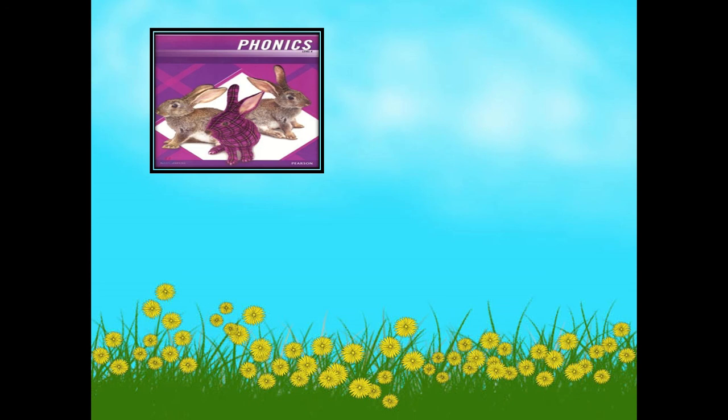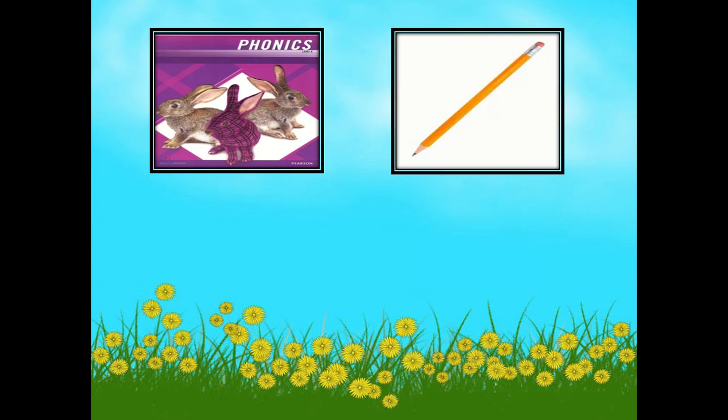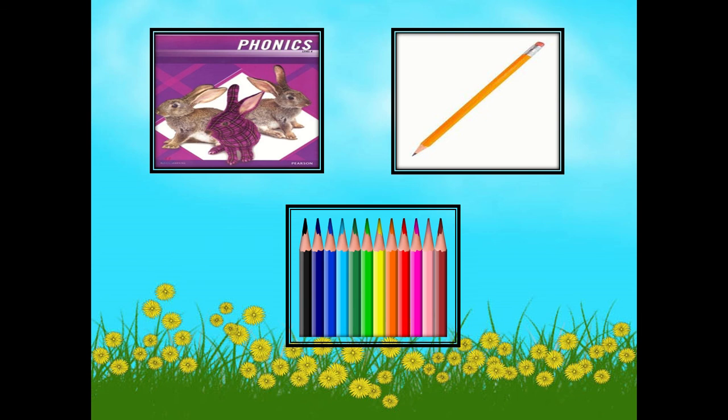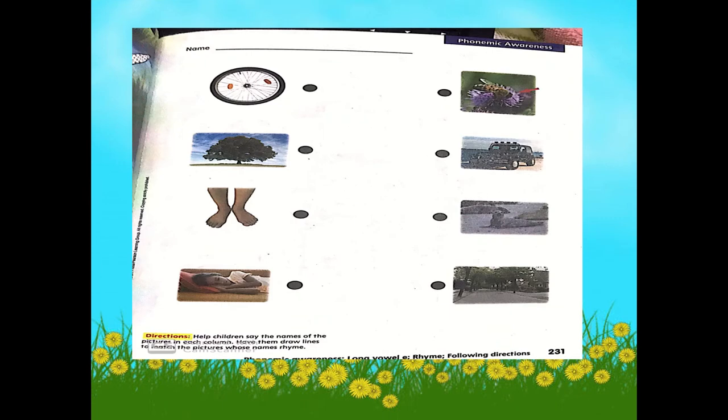I'd like you to open your phonics book and bring out your pencil and your colored pencils. So first, open your book on page 231. So first, write your name on the line, and you have to write your name properly.